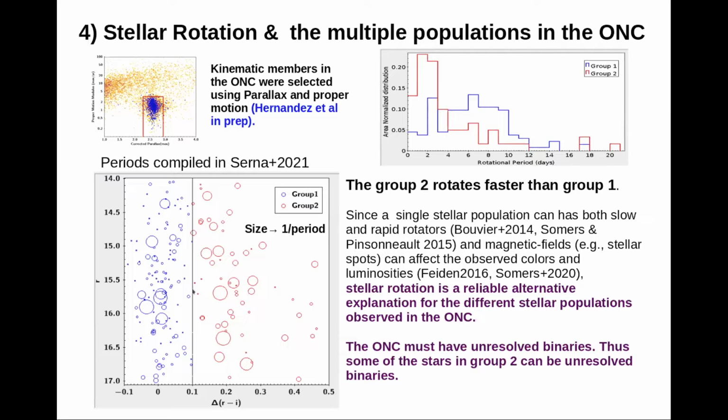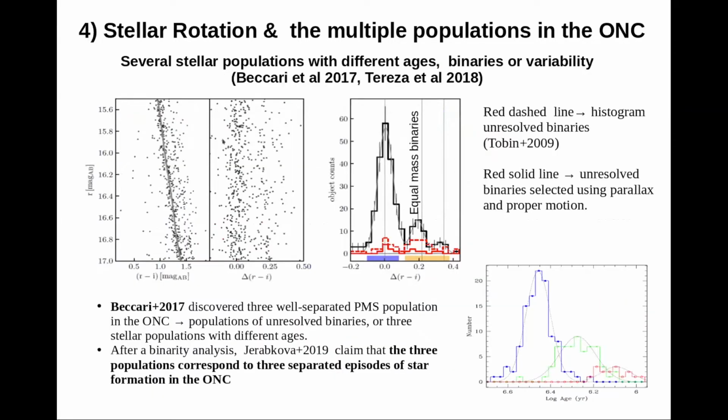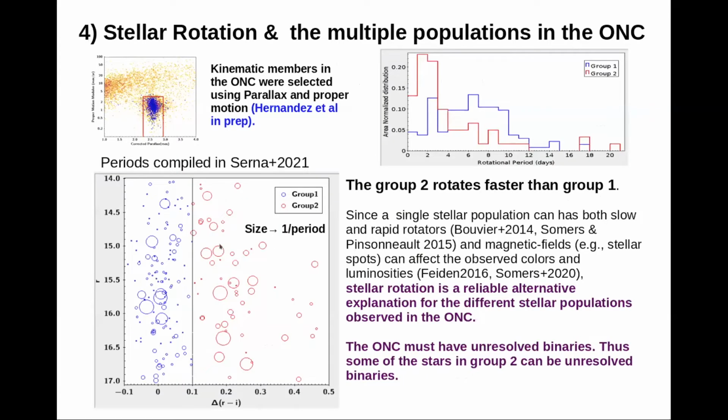So here is a similar plot as the original paper by Beccari, and we split this in two groups. The main group is group 1 and the red group is group 2. The size here is the inverse of the rotational period.